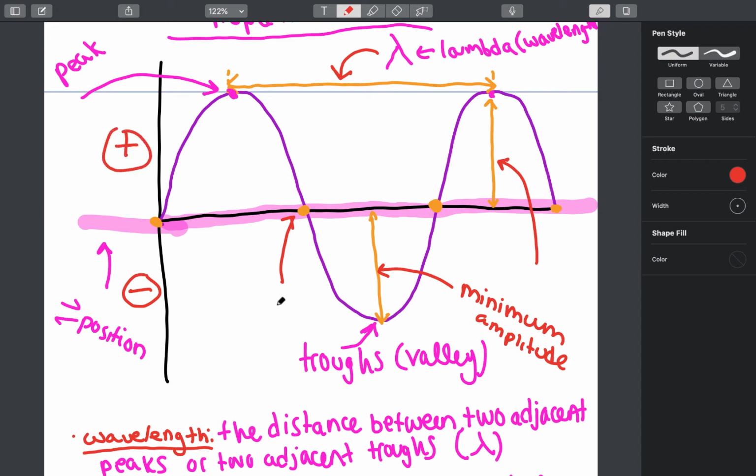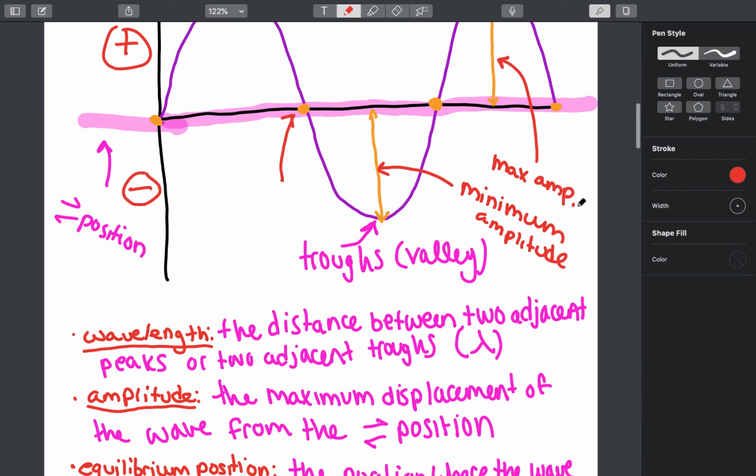So it's below 0, so that's why it's called minimum. And there's also the maximum. I'll just put max amplitude, and that symbolizes amplitude. And this is the max amplitude because it is on the positive side. So this whole distance here represents the amplitudes. Okay, and you can see here that they are oscillating around this equilibrium position.